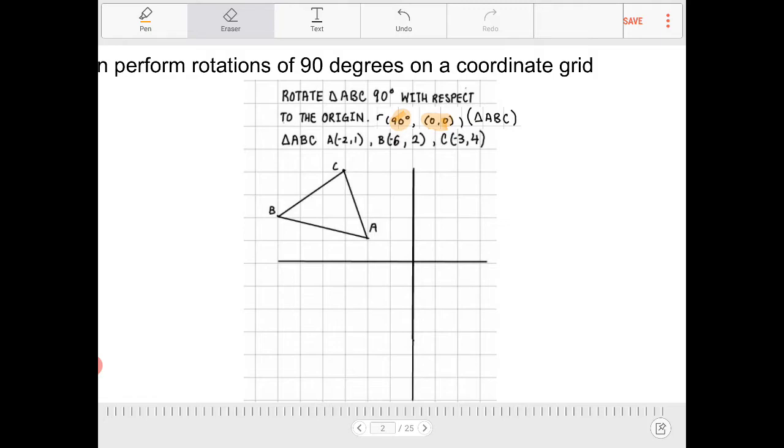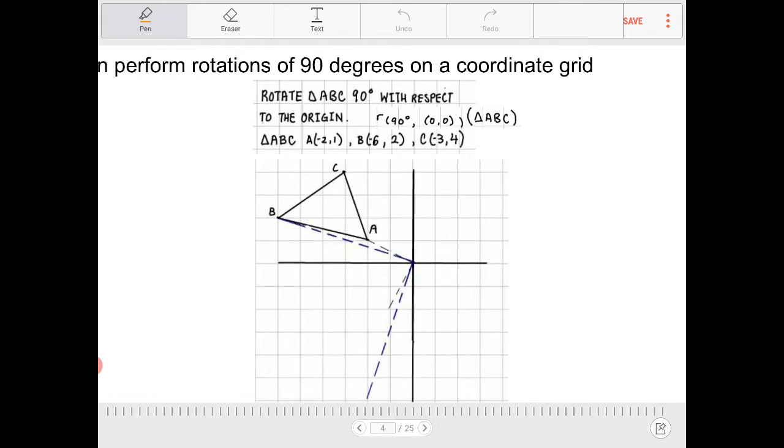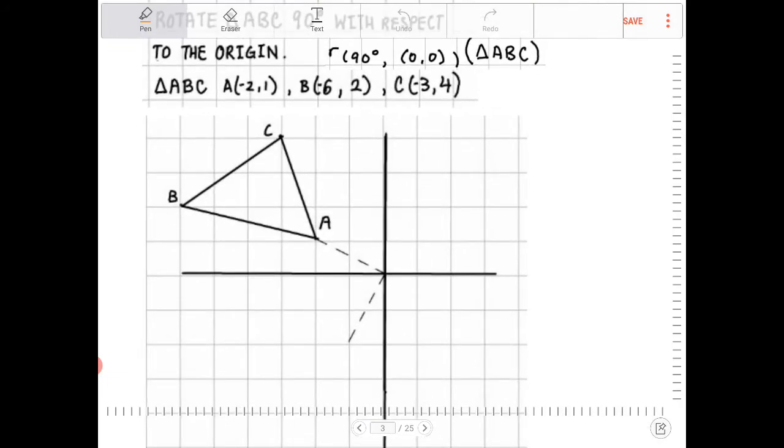When we're rotating something 90 degrees, this is what's happening. We are moving said object at a right angle. So how is this going to be illustrated? Notice right now this connects with the origin.